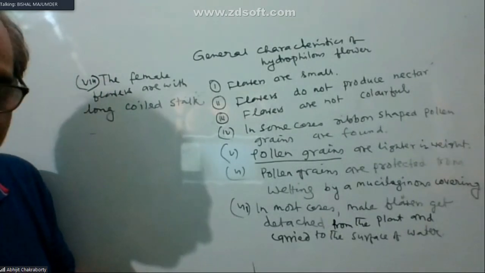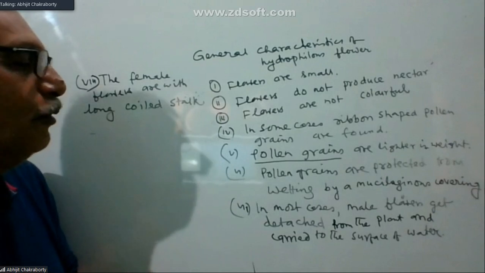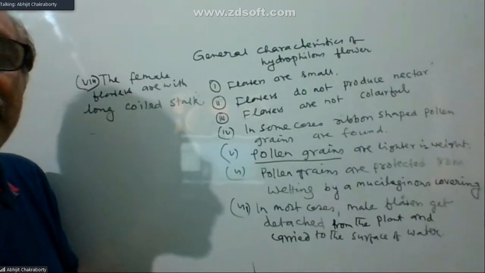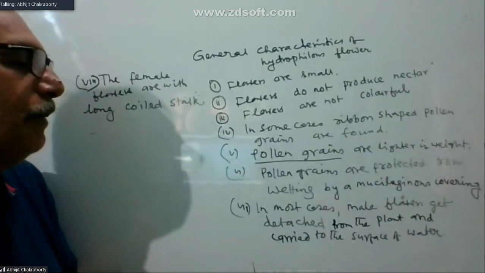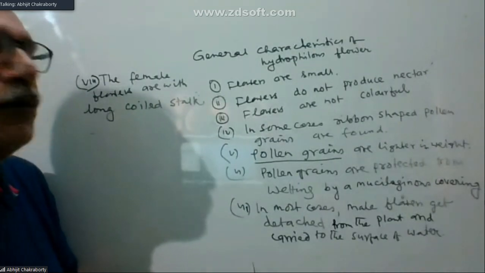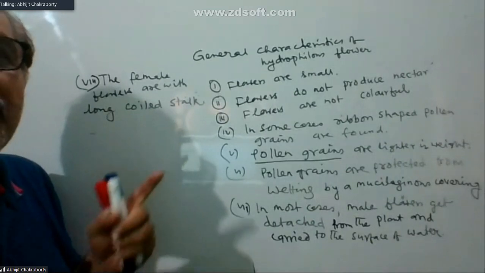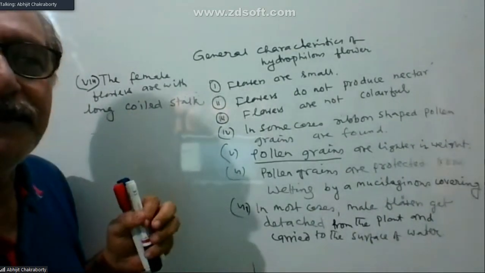Sir, number 7 point, what is it? In most cases, male flowers get detached from the plant and carried to the surface of water. Already I have shown you in the diagram. Have you seen in the diagram?